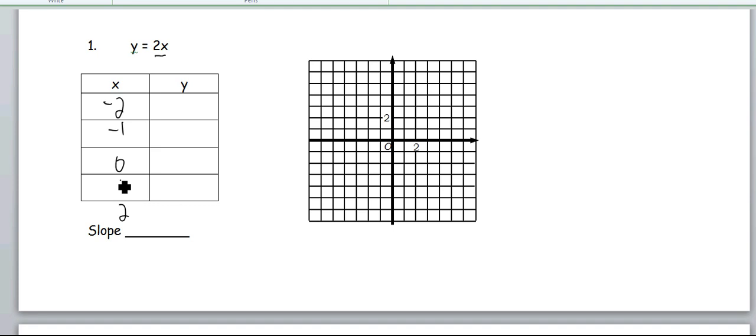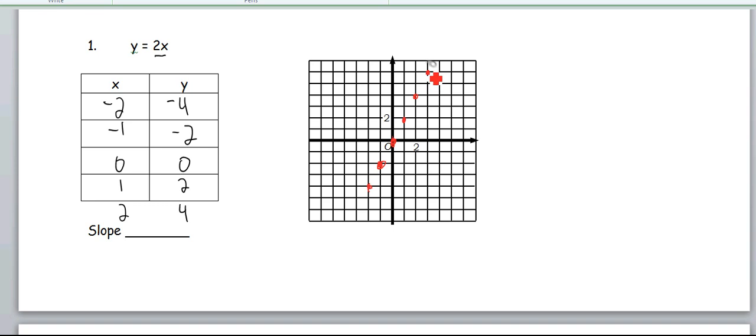So hopefully you are done with that, and you've discovered that these values are -4, -2, 0, 2, and 4. When we plot these points on the graph, if I go to -2, -4, -1, -2, 0, 0, 1, 2, 2, 4.